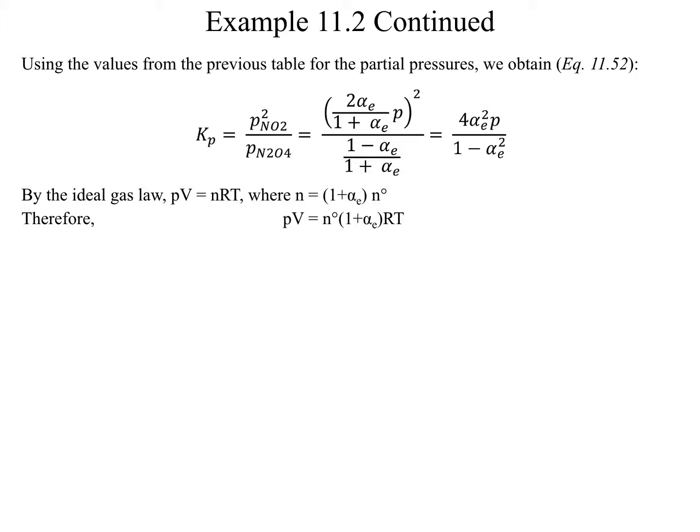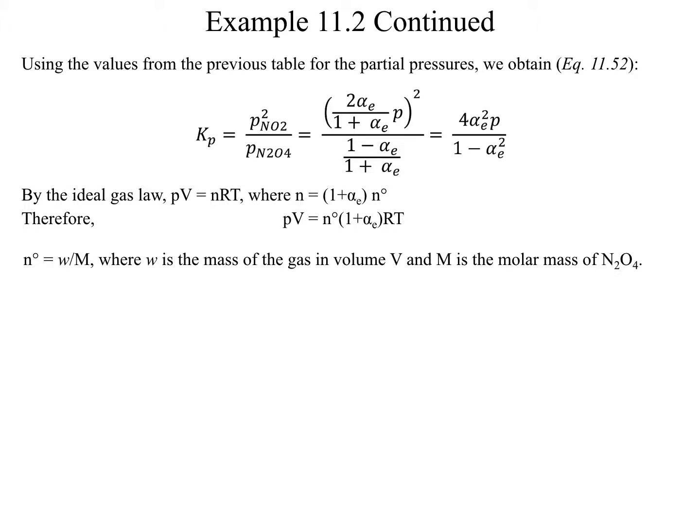By the ideal gas law, the pressure, volume, temperature, and number of moles are related. Now N is the number of moles at equilibrium, and the total number of moles is 1 plus alpha times N0, as we see from the previous slide. So now we can write PV equals N0 times 1 plus alpha times RT. So pressure and volume are now related to alpha, which is very useful because we're going to substitute all this back in.